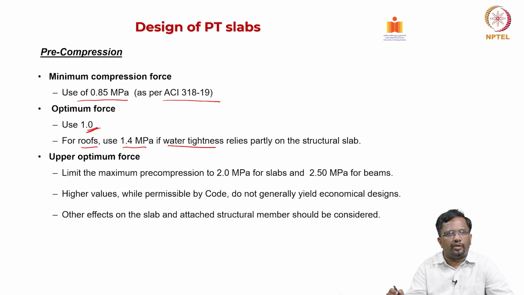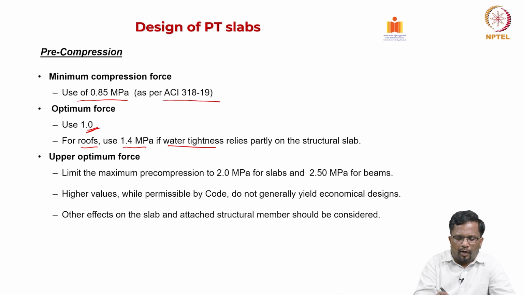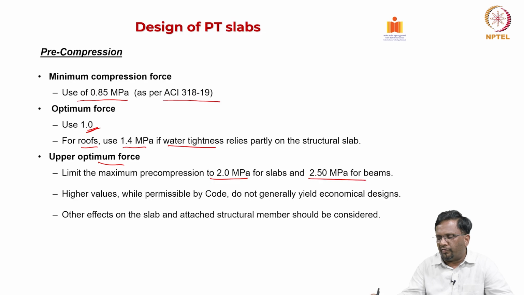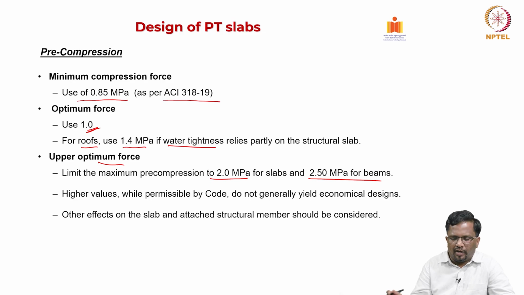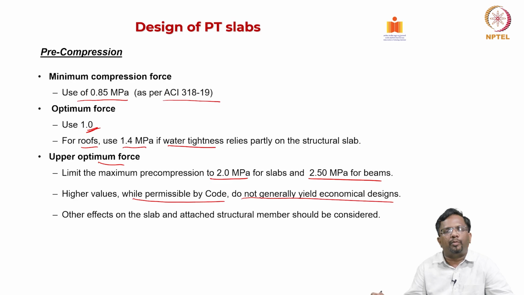It relies partly on the structural slab. And for the upper values, you never go more than 2 megapascal for slabs and 2.5 megapascal for beams. Higher values, though sometimes permissible by the code, typically do not yield economical design.